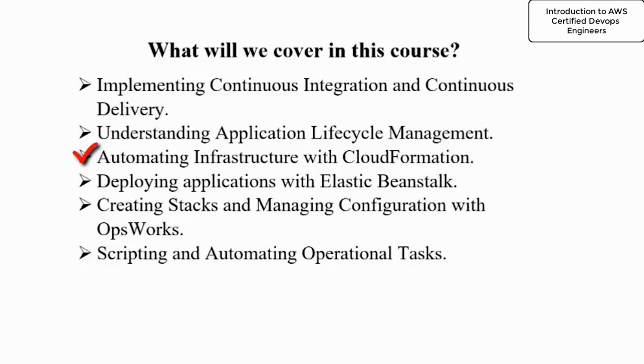Now, the third thing is automating infrastructure with CloudFormation. In CloudFormation, we create a code, a CloudFormation template, and that template will be used for deployment of some regular stuff. Suppose you have some environment already built, and you want to build that similar environment multiple times. So AWS gives you a beautiful concept of CloudFormation, where you can just write a code.